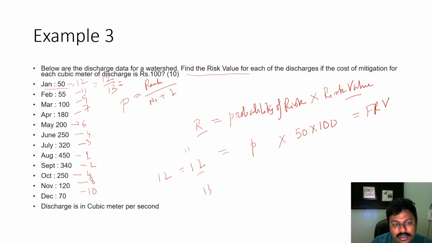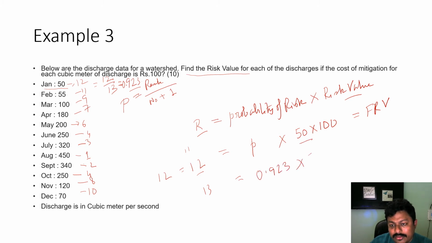The lower the discharge, the higher the rank, and the more common the discharge. So this will be 0.9230 and so on. You just take the 3 digits after the point and ignore all other digits. So the probability comes to 0.923.